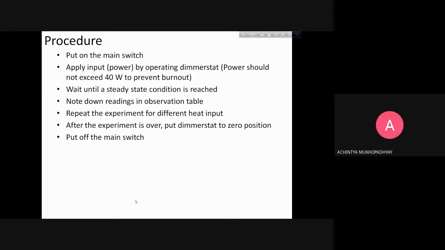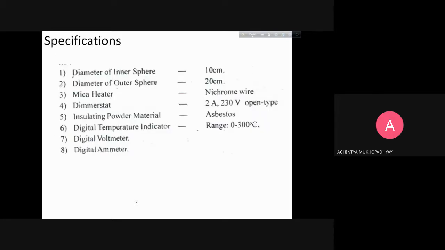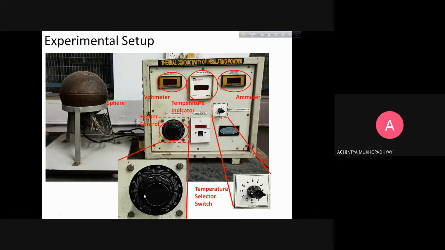Sir, can you repeat the steady state reach condition you say? Yes. So how will you understand that the steady state has been reached? You put the temperature selector switch to one particular position, and that will give you the temperature on the indicator here, and you just leave it at that position.